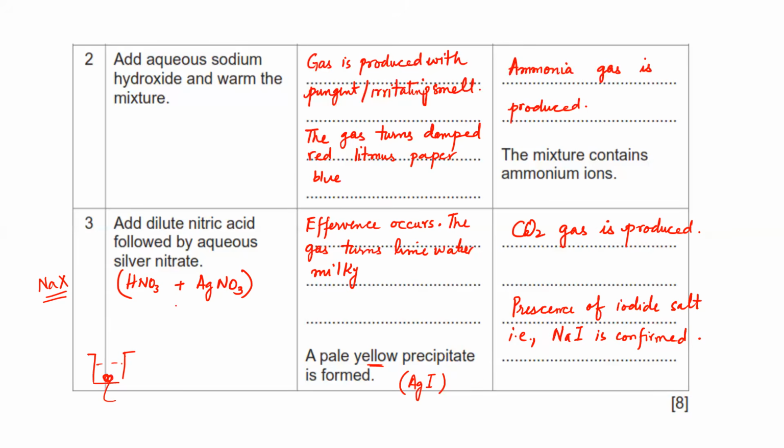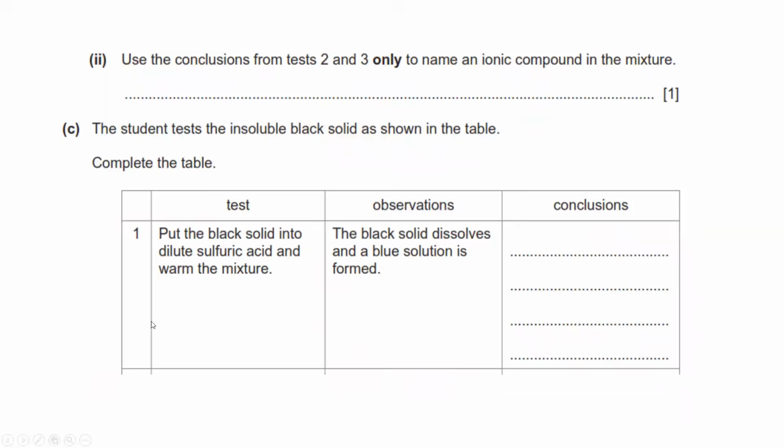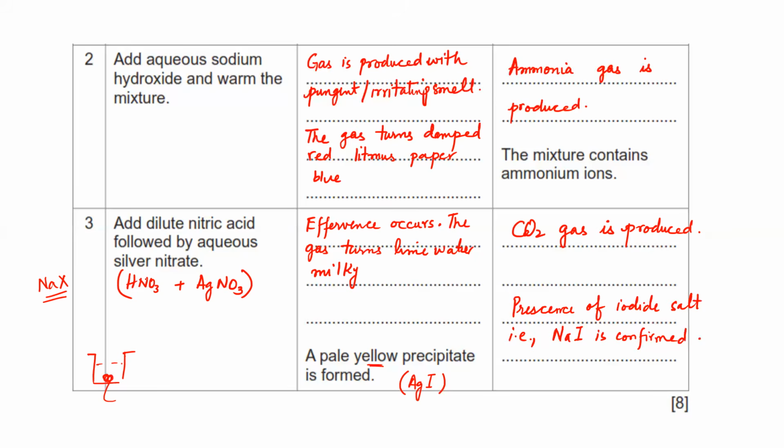What will happen with this reaction is that if you have sodium iodide salt, it will react with AgNO3 to form sodium nitrate plus AgI.